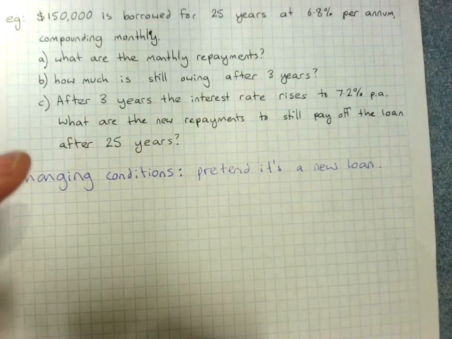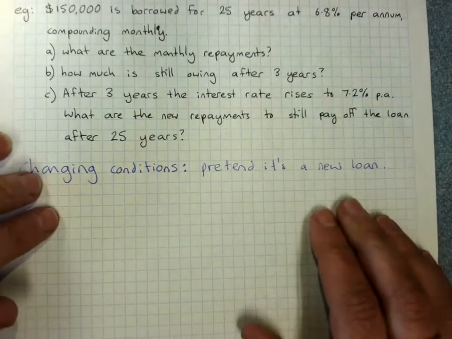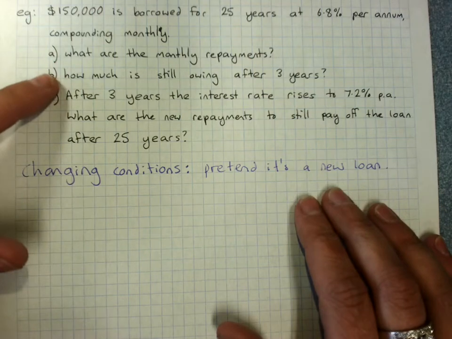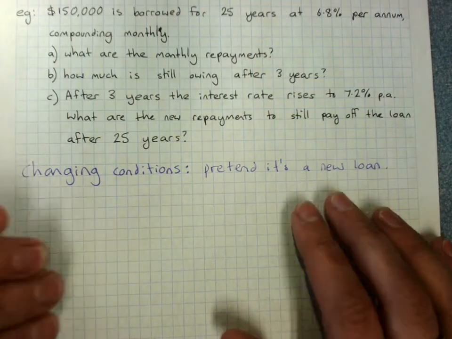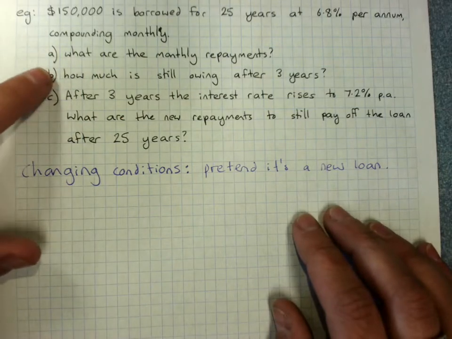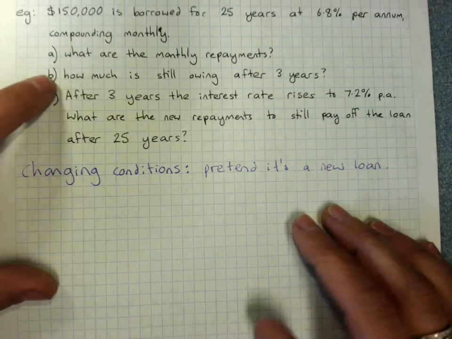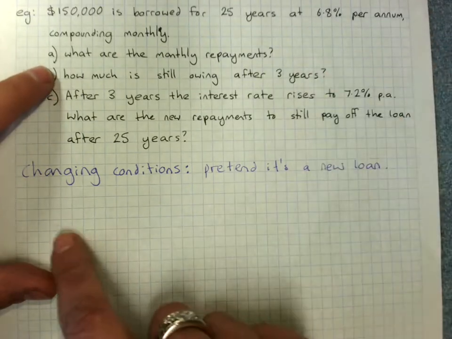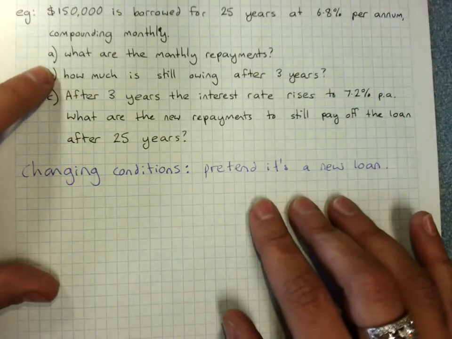That is, pretend that you've got to that point, find out how much you still owe, and then treat your new reasoning as if it's a new loan based on still owing that much. Let's renegotiate a loan based on that amount. Honestly, that's the best thing you can do.